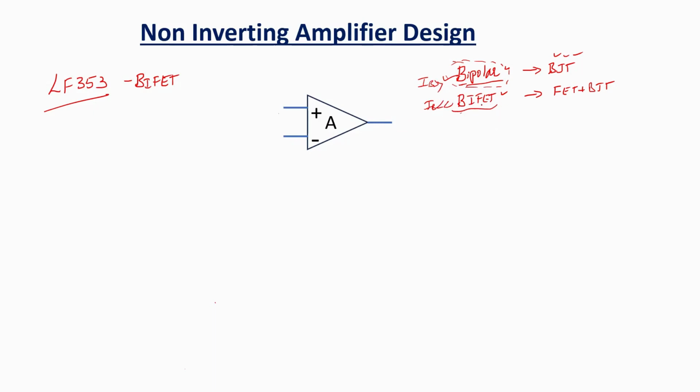And there are many other differences between the bipolar and BIFET, about the resistance variations and all those things. So we'll just take the bias current at this moment. IB is the input bias current. Now, let us construct the non-inverting amplifier using the FETs.